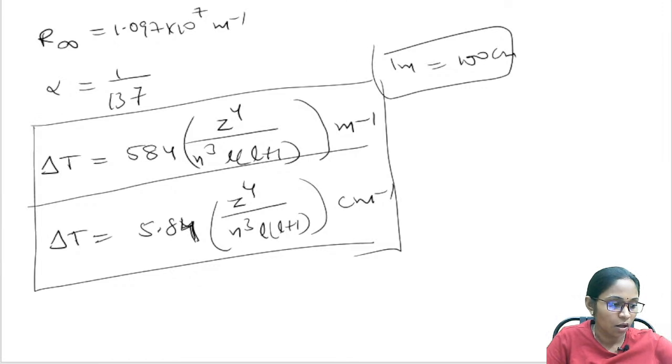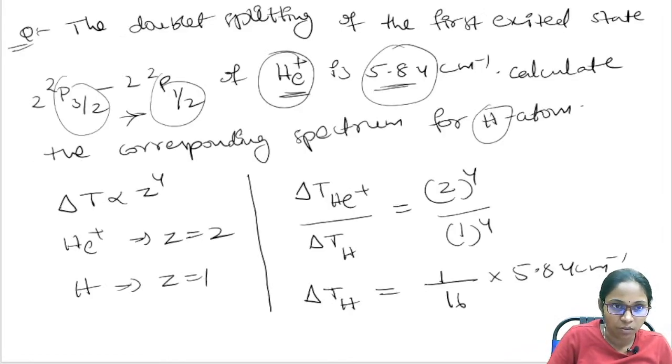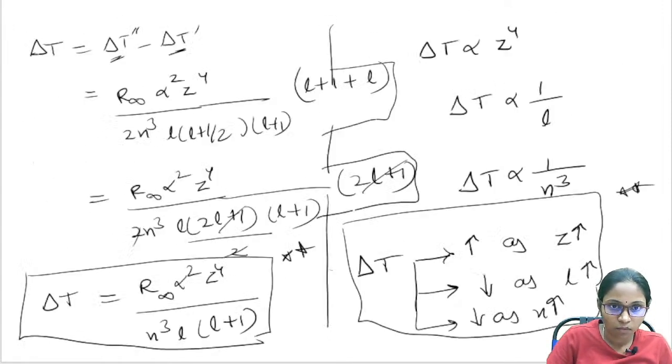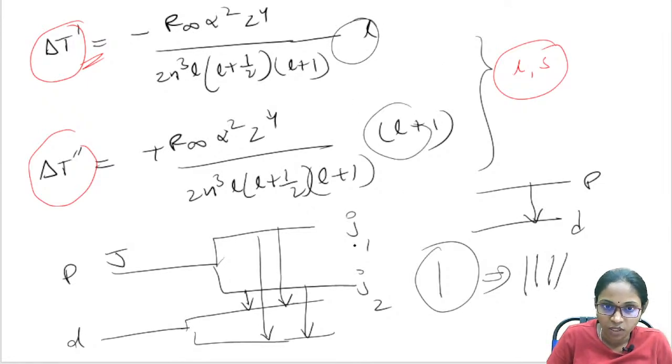Coming to the selection rules of the fine structure spectrum, before that I want to explain one more point about the term shift values. Here we have two different values. If I consider the p orbit, the L value of the p orbit is equal to 1.